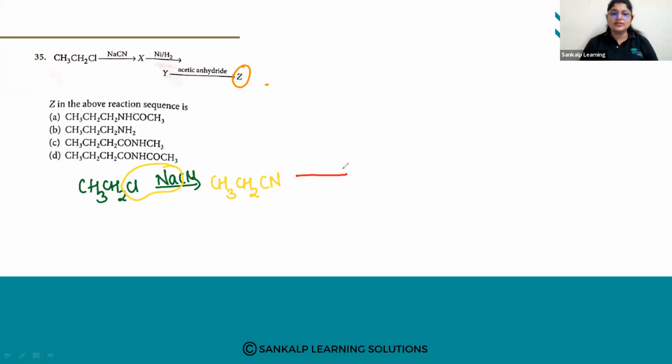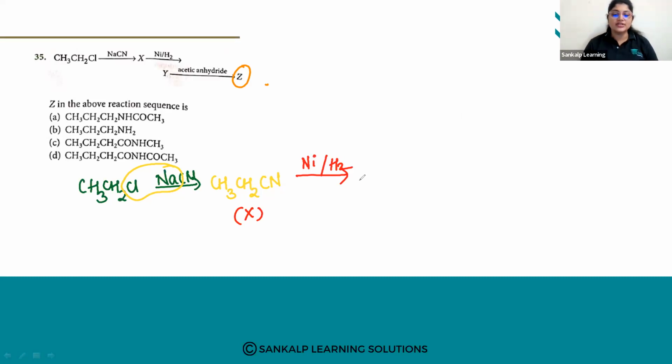Now further, it reacts with what? This is our X product. It reacts with nickel in the presence of hydrogen, so addition of hydrogen is taking place.